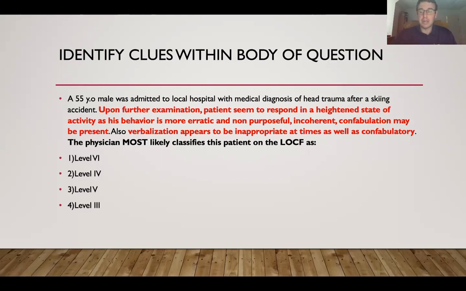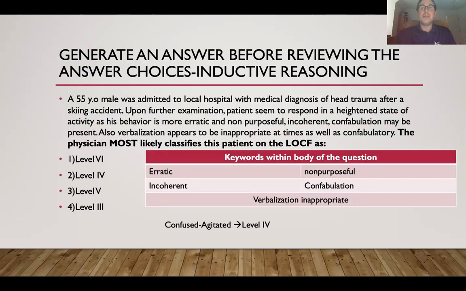We need to figure out what some of the key words are. We're not interested in the skiing accident, additional information, because by reading additional information, that's extra time. So some of the key words within the body of the question: erratic, incoherent, non-purposeful, confabulation.